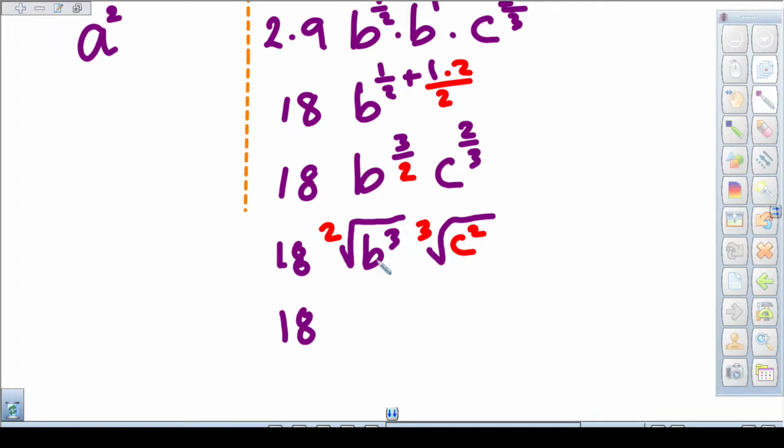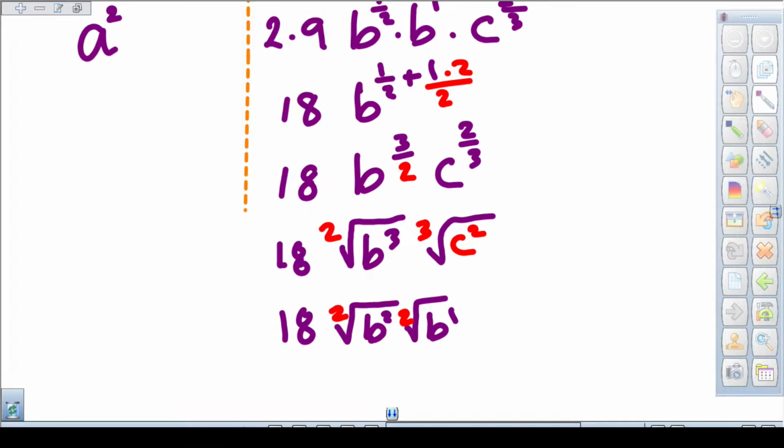Now, how about this one here? Remember when we said we need to practice? So I've got 3 of them, and I only needed the second root. So I only need 2 identical items to separate them. So in here, you basically have b squared times another b to the first, right? And both of them are to the second root.